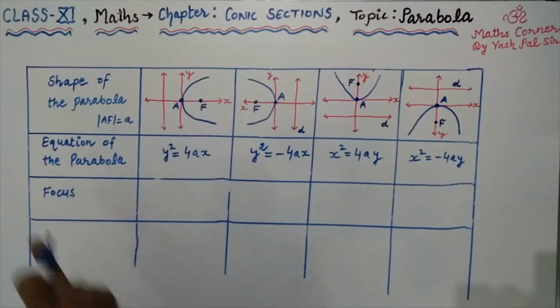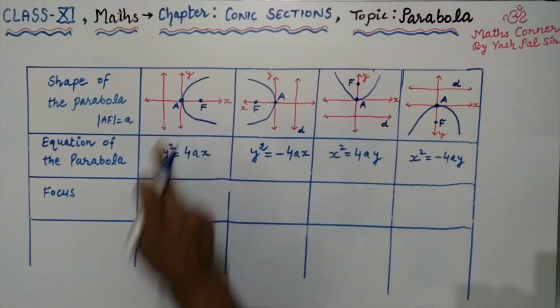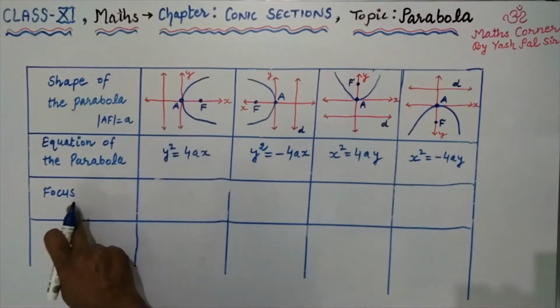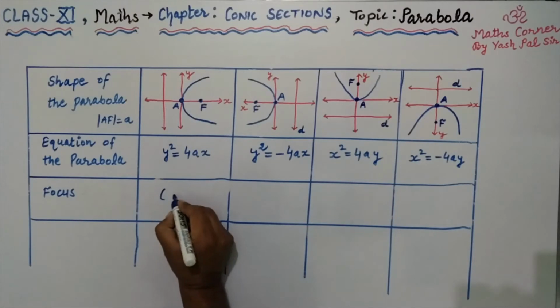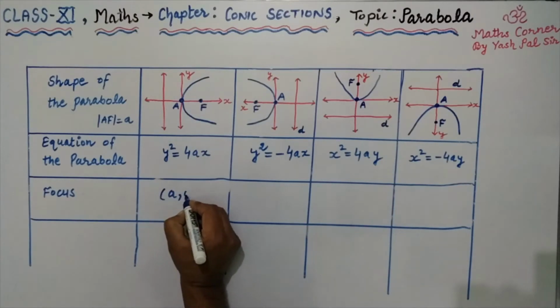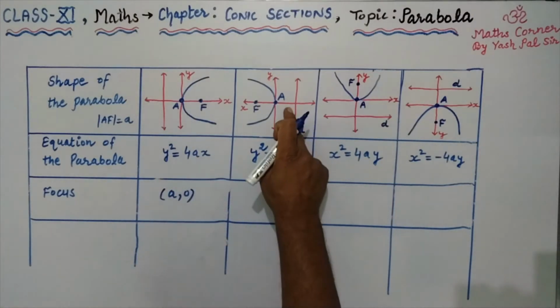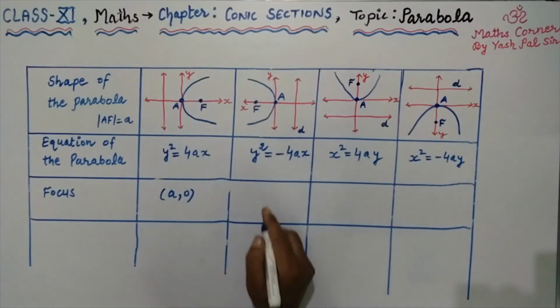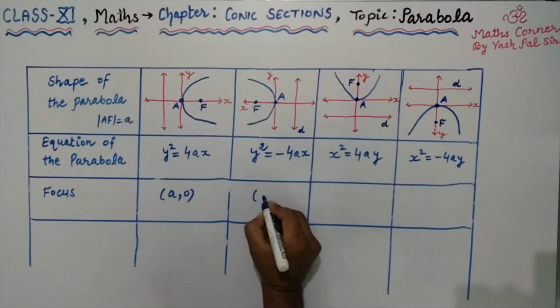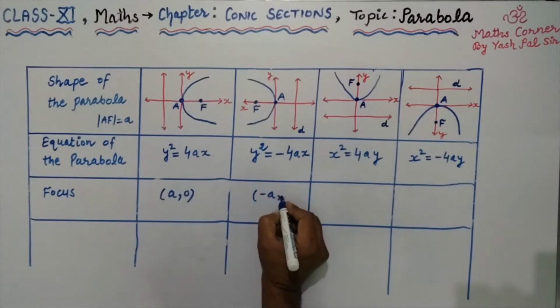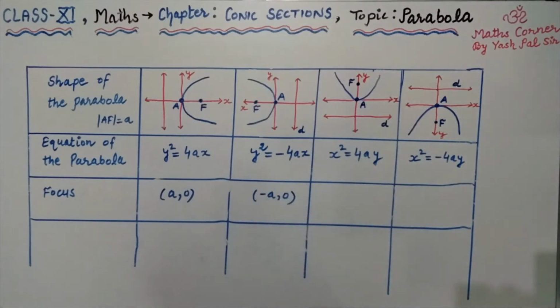Now the very important point, the fixed point, focus. The fixed point is called focus of the parabola. In right-handed parabola, the coordinates of focus are a, 0. Here in this left-handed parabola, the coordinates of focus are minus a, 0.